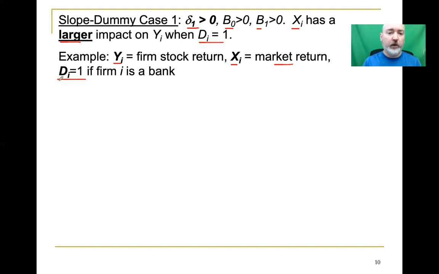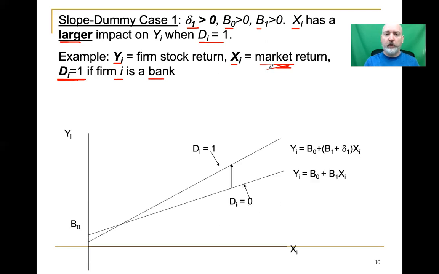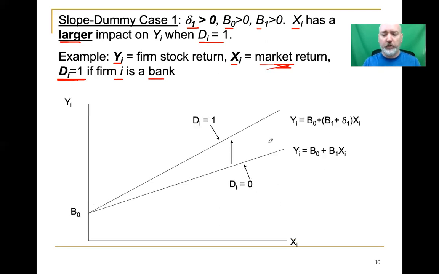So we can generate a series of industry control dummy variables. And let's say we have the variable DI equal to 1, indicating that the firm in question is a financial firm. Say it's a bank. And say bank stocks tend to be more sensitive, they react more strongly to a change in the overall market return. This would be the picture that would result, right?